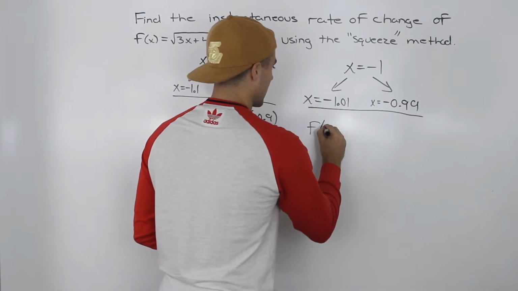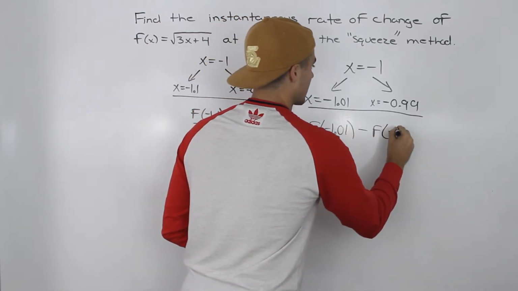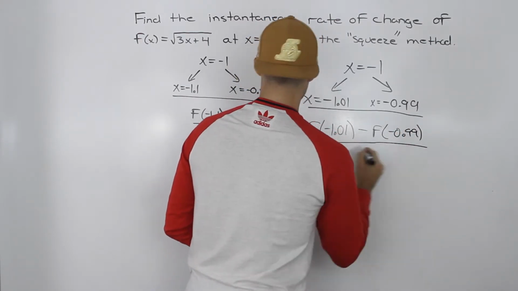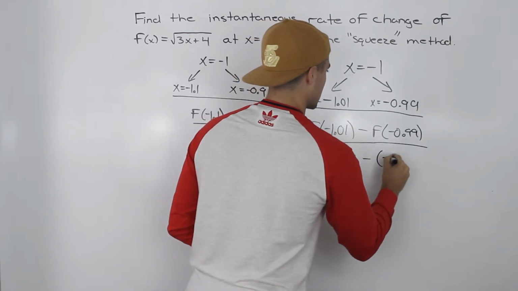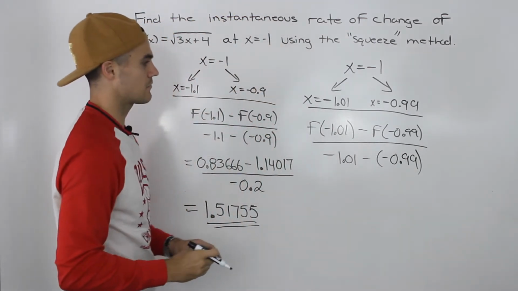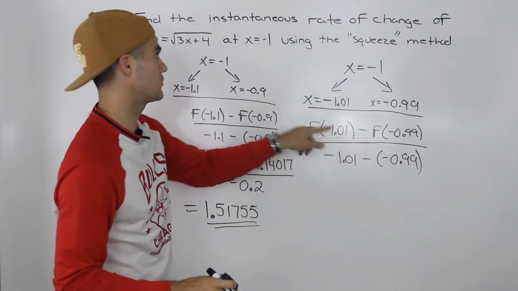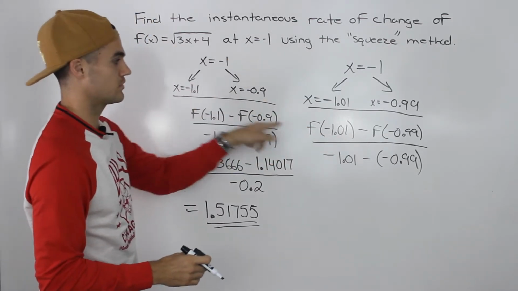So same thing. We would just find f of negative 1.01, subtract f of negative 0.99, all over negative 1.01 minus negative 0.99. And same thing, to find f of negative 1.01, we would take negative 1.01, plug it for the x value in the function, and then put that decimal there.